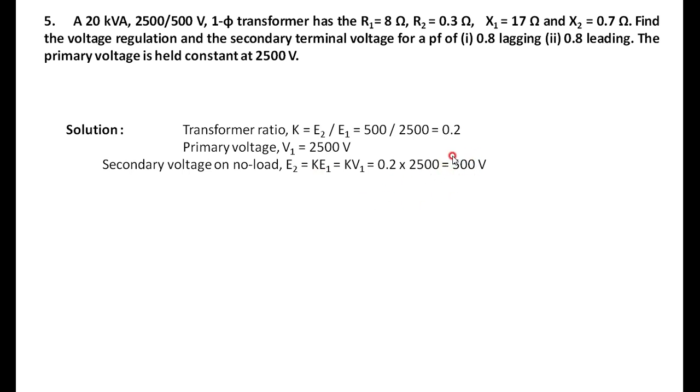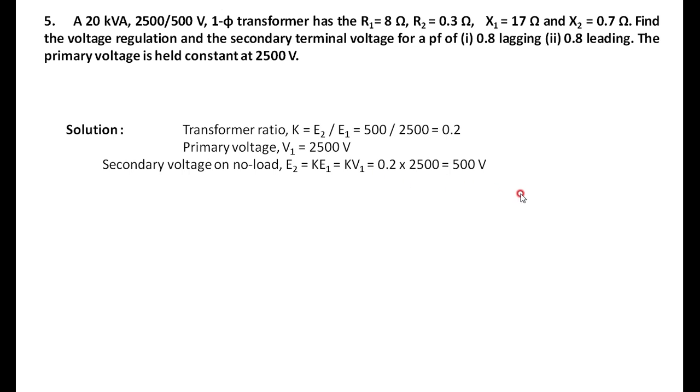If you know the induced voltage in the secondary as 500 volts, and also the loading factors and the values of R2 and X2, then it is possible for us to calculate V2. We know E2.